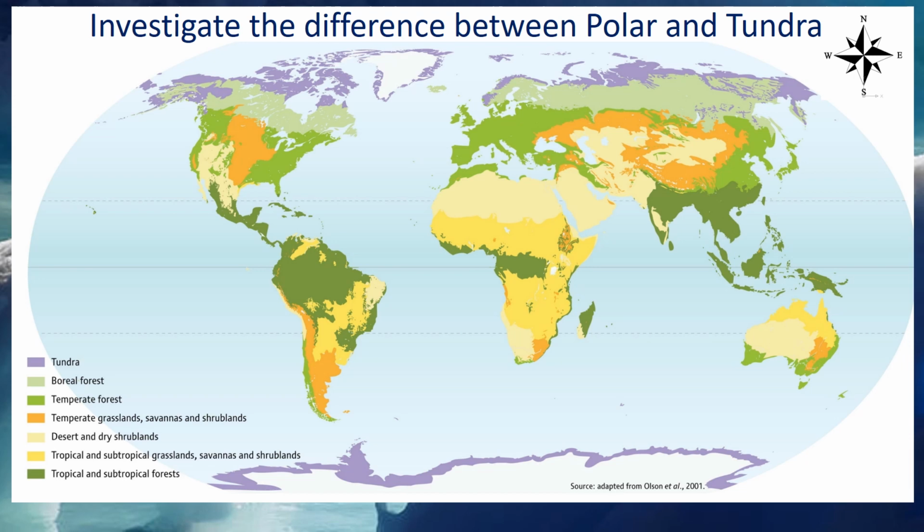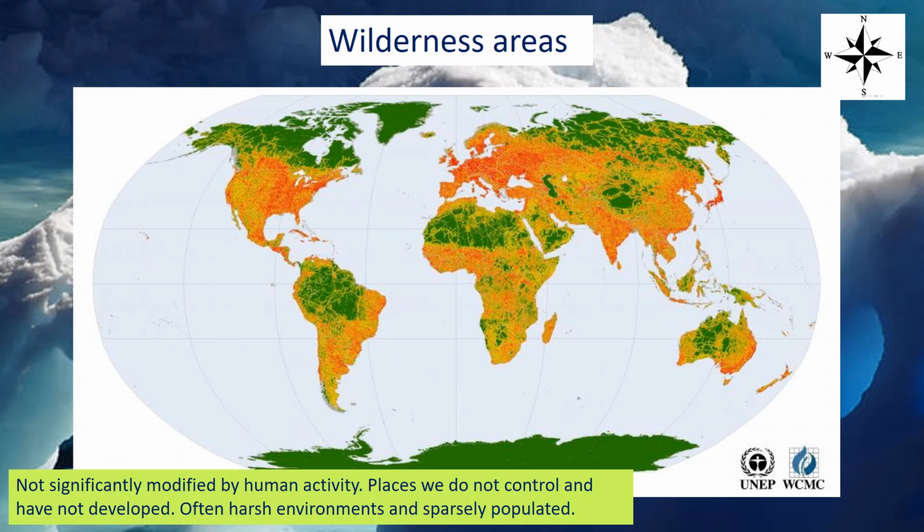Okay, so the areas that we are looking at are the areas in pinky purple or purpley blue and white on this map. Polar areas and a lot of the tundra biome and the polar biome can be classed as wilderness areas.